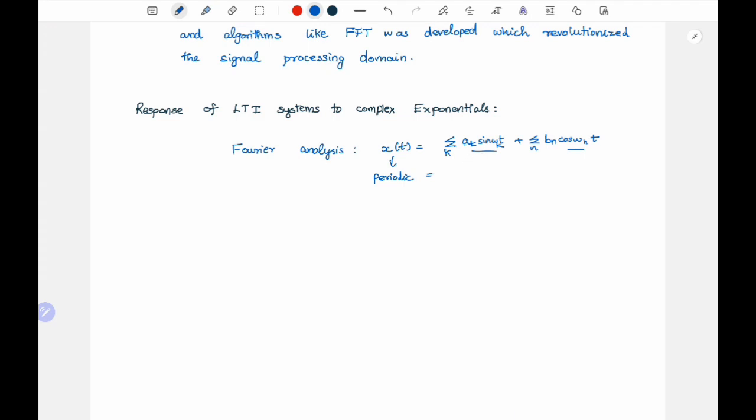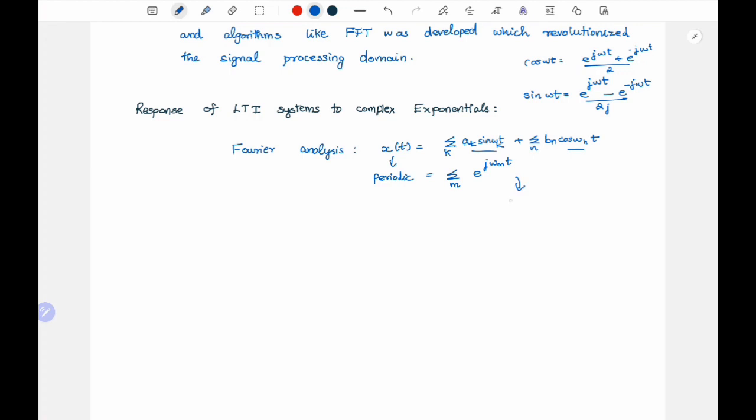We also saw that in the previous video, right? Sine omega t is nothing but e power j omega t minus e power minus j omega t by 2j, and similarly cos omega t is e power j omega t plus e power minus j omega t by 2. So we can just combine these and write it as a sum over m of e power j omega m t.